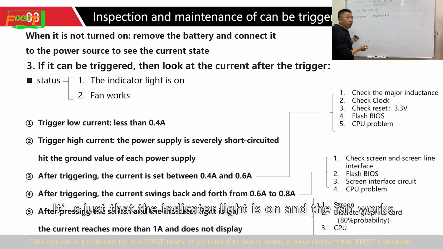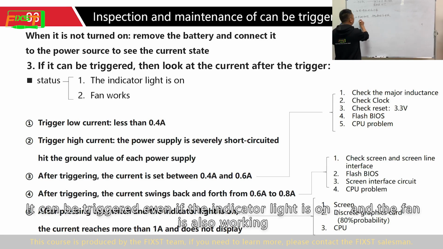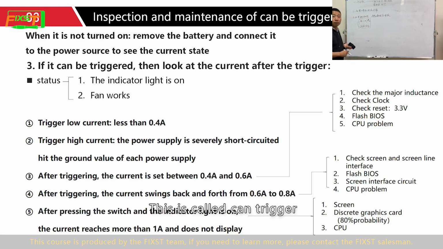It's just that the indicator light is on and the fan works. It can be triggered even if the indicator light is on and the fan is also working. This is called can trigger.